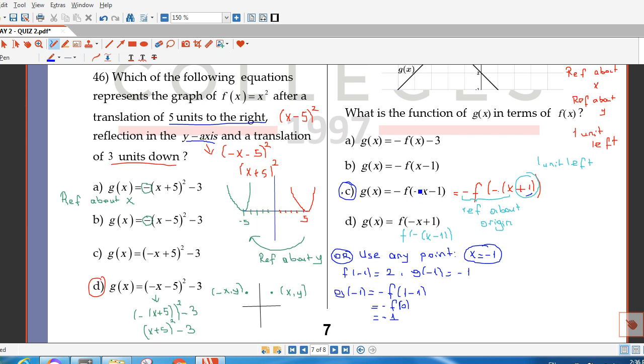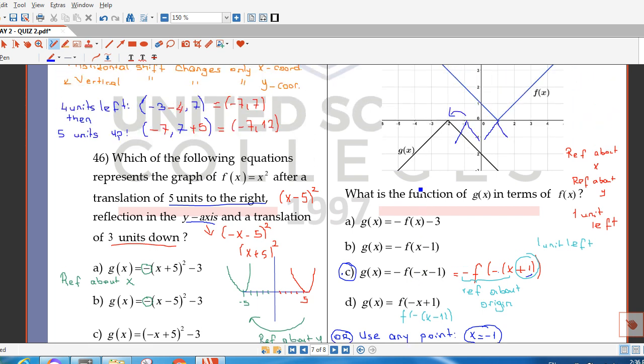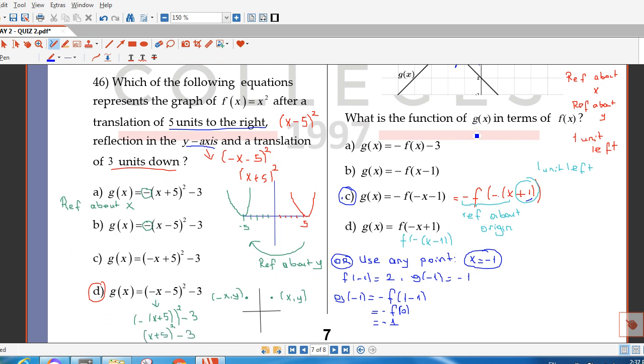So f of -1 according to the given graph is 2, and g of -1, you should use the same number for both, g of -1 is -1. So you are going to replace in each choice g of -1. Is it equal to what we know is the coordinate of g of -1? From this calculation, negative f of -1 is -3, this is going to give us -5.